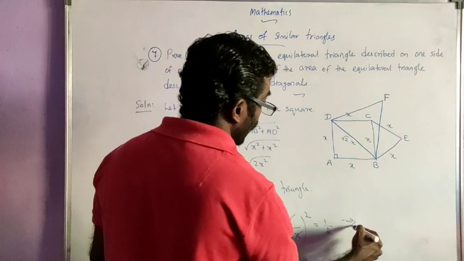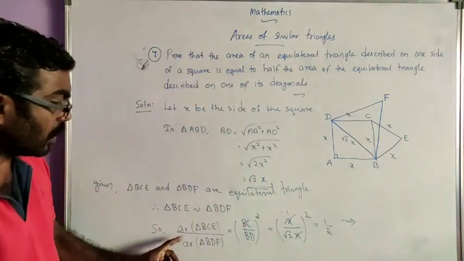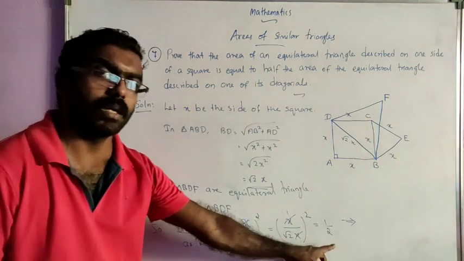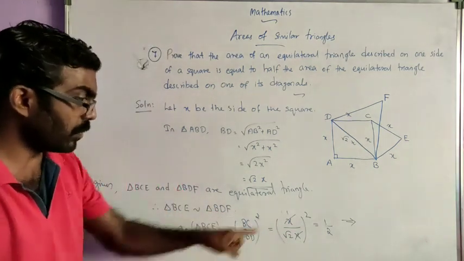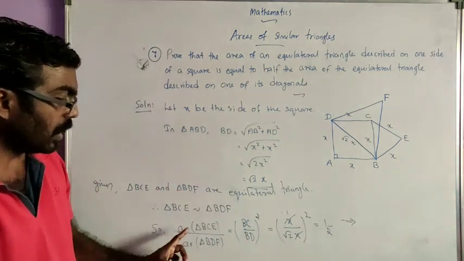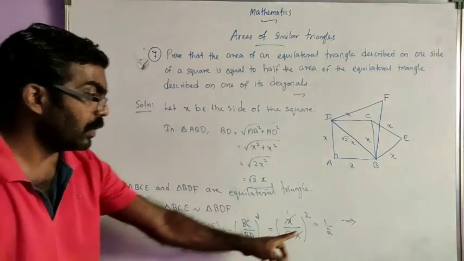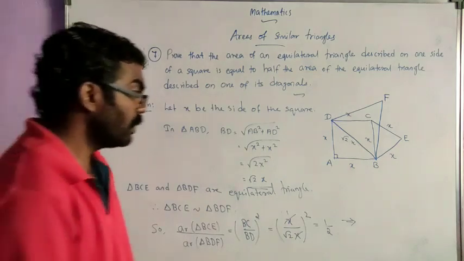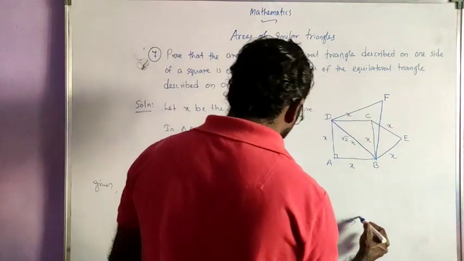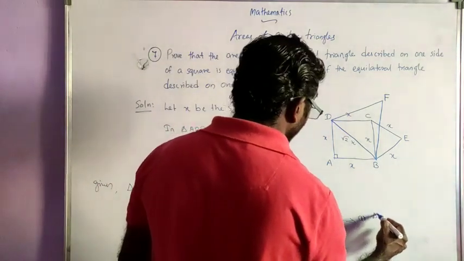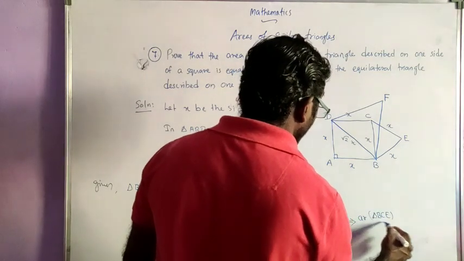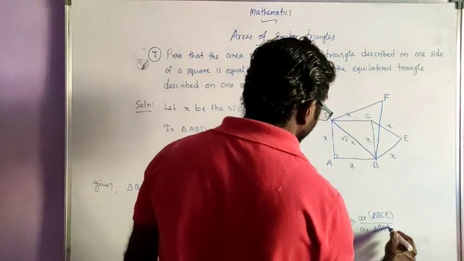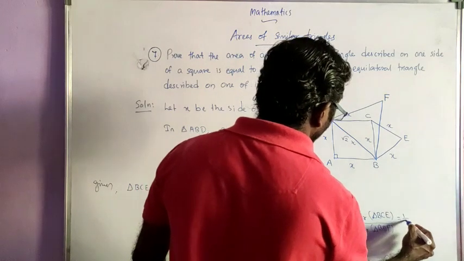Which implies area of triangle BCE by area of triangle BDF is equal to what? 1 by 2. And on cross multiplication, what do we get? Area of triangle BCE equals half into area of triangle BDF. Or we can write one more step here: area of triangle BCE by area of triangle BDF will be equal to 1 by 2.